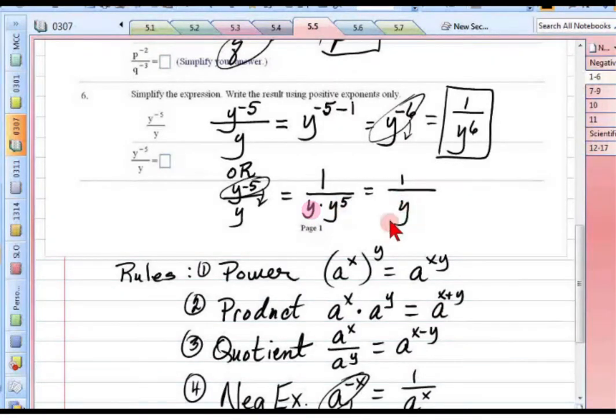If you add those exponents, what do you get? 6. Did we get the same answer? Yes, we did. So was there anything wrong with the way she did the problem? Not at all.